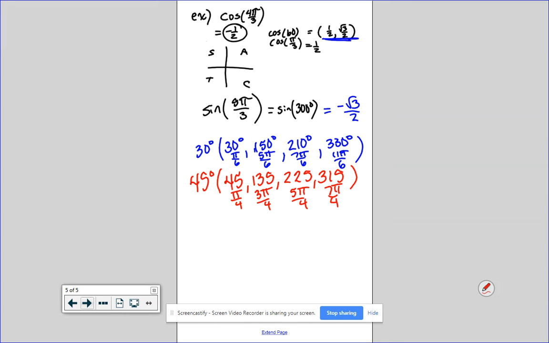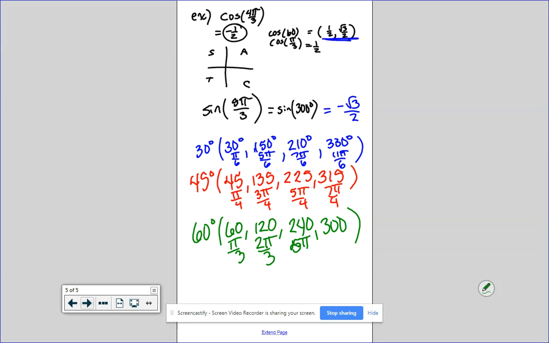The 45-degree bow tie, all have values over 4. The 60-degree bow tie, we got 60, 120, 240, and 300, which are all values over 3, such as 4 pi over 3 and 5 pi over 3. There are your bow ties.